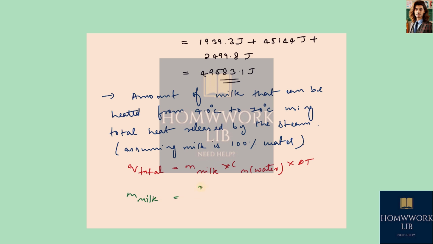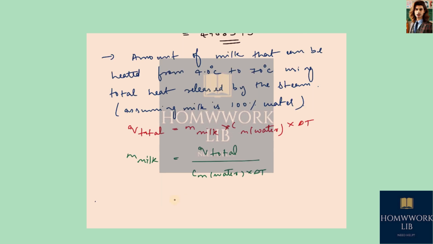So m milk equals Q total divided by Cm water into delta T. Now substituting the values here, the mass of the milk equals 49,583.1 joules divided by the Cm water value, 75.2 joule per mole Kelvin, into delta T, which is 70 degrees Celsius minus 4 degrees Celsius.